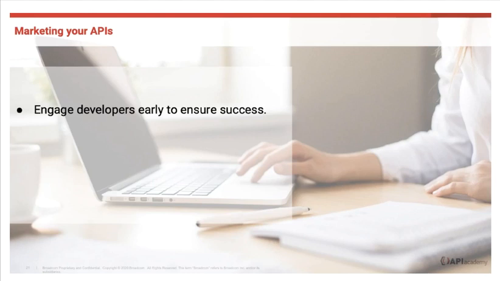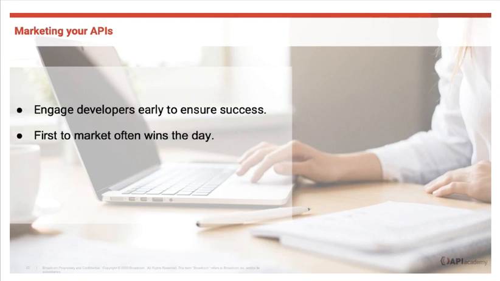Instead of waiting for developers to seek you out, you must identify and engage developers you believe can contribute to your success. Successfully driving adoption of your APIs requires aggressive marketing. And in a fast-paced, highly competitive app economy, first to market often wins the day. So to that end, it's worth considering a program of incentives for early adopters of your APIs.